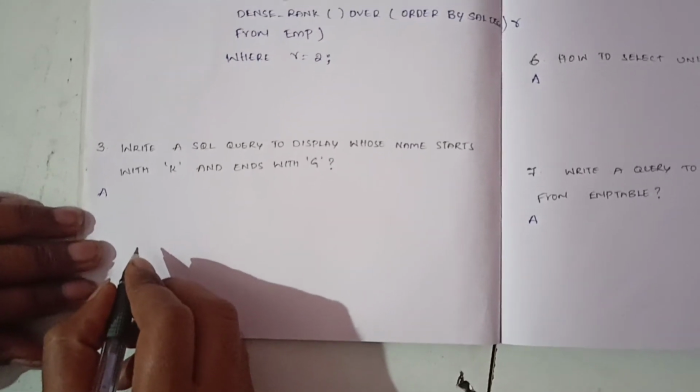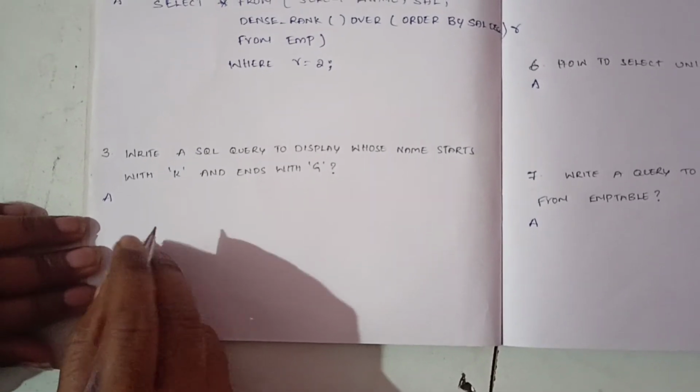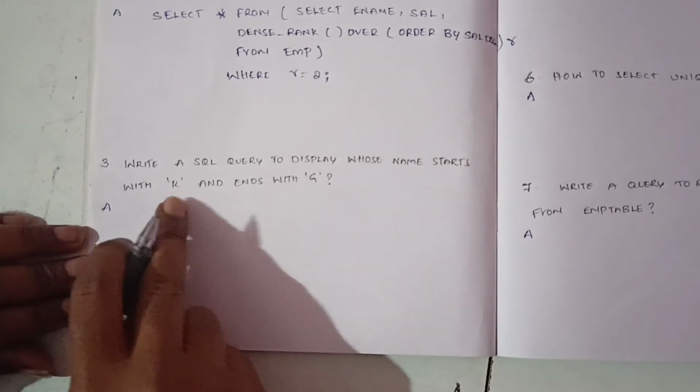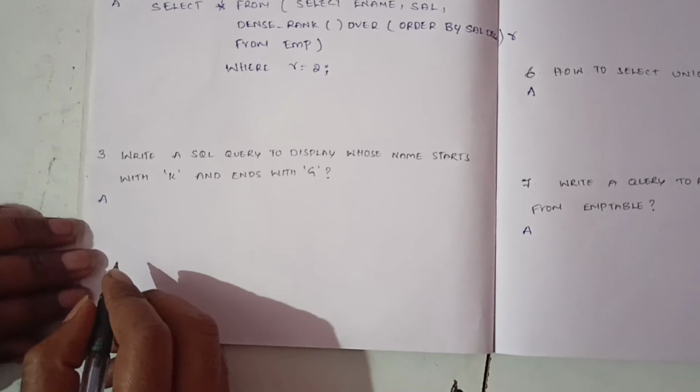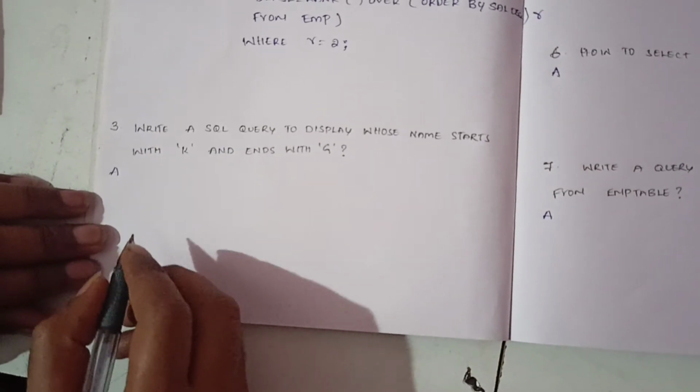Write a SQL query to display those names that start with K and end with G. By using the like operator we are going to write the query.